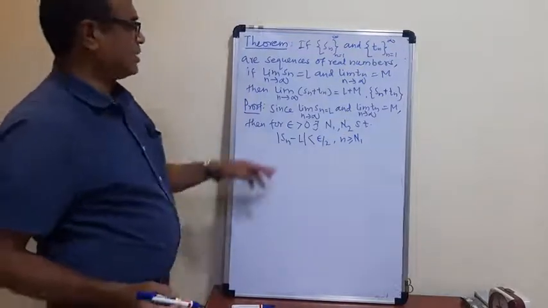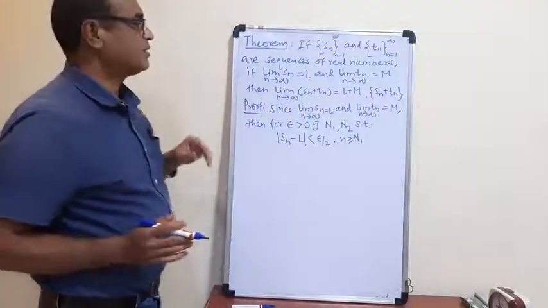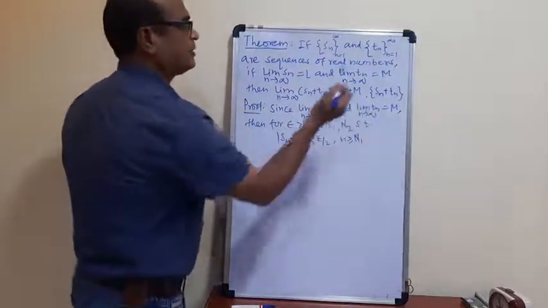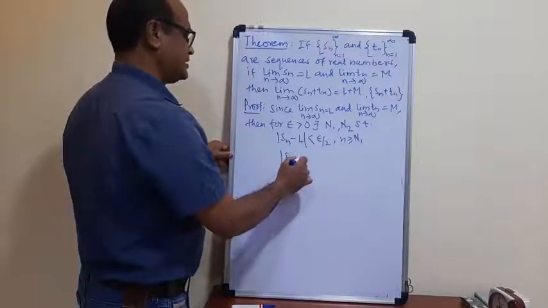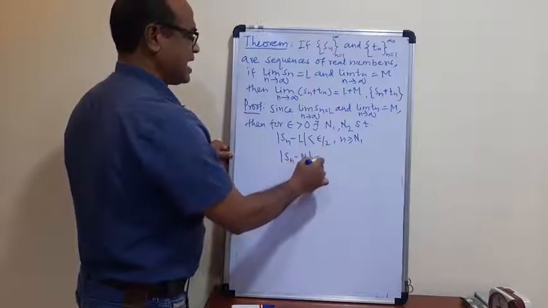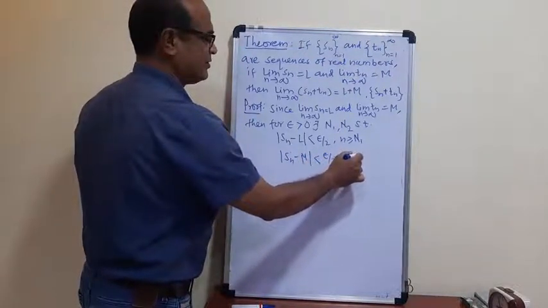Okay. So for the convergence of this, we write the definition. Similarly, mod of Tn minus m is less than epsilon by 2, where n is greater than or equal to n2.